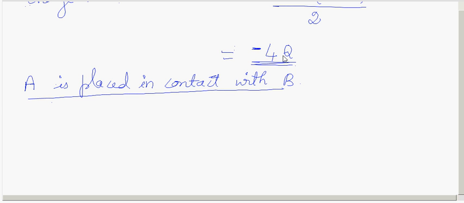Now this 2q and minus 4q will get divided equally.